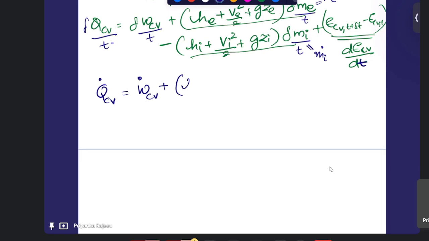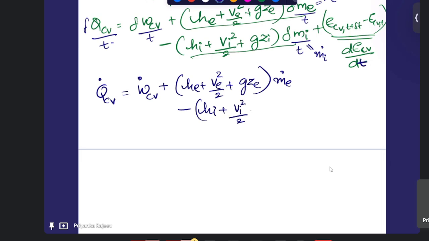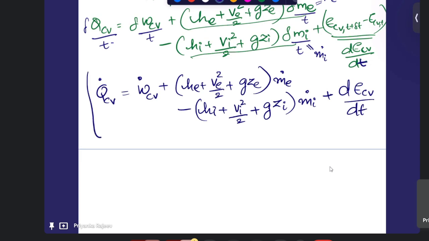So now this will be HE plus VE square by 2 plus GZE times me dot, minus HI plus VI square by 2 plus GZI times mi dot, plus DECV by dt. This is the final equation.